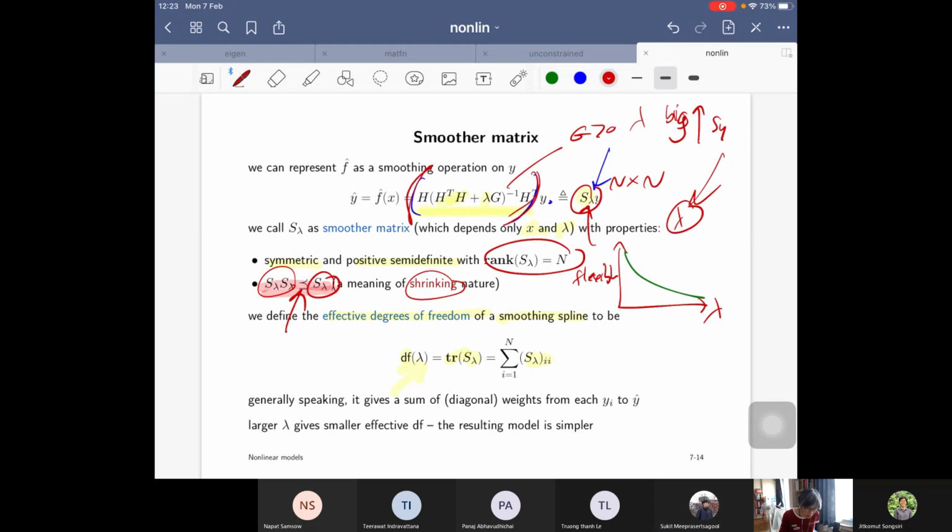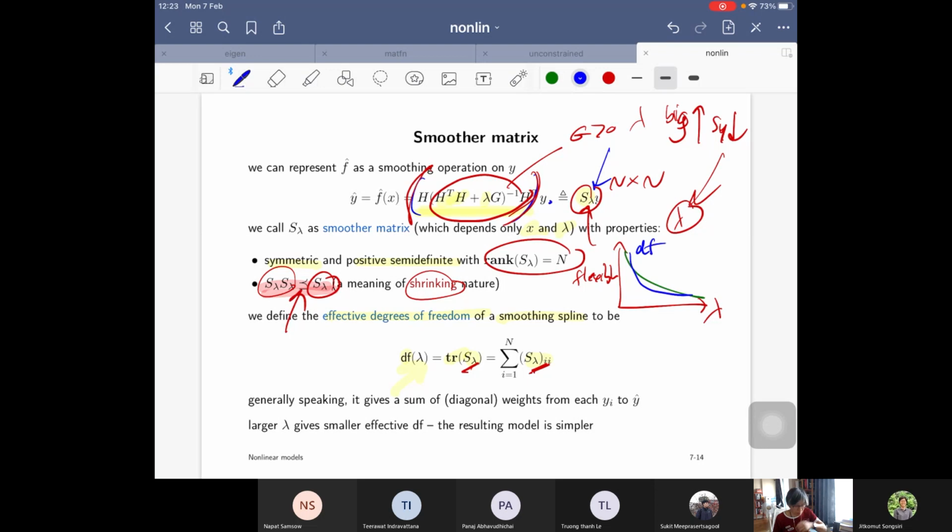To give a sense, in your matrix S you have this inverse term, so when lambda is big, your S is small. Of course, when the matrix is smaller and smaller, the trace would be smaller. So the degree of freedom here also has the same trend as the model flexibility.